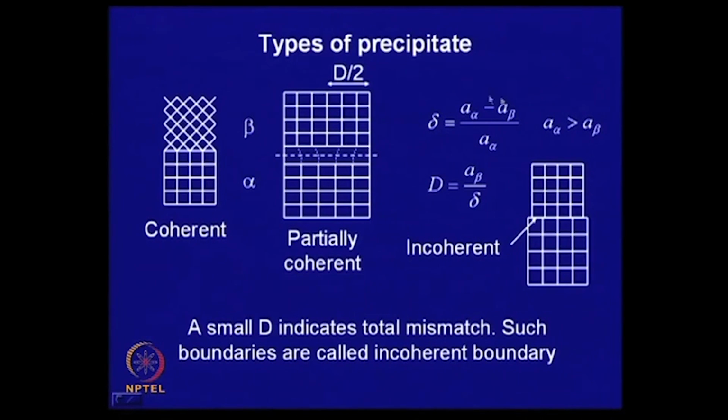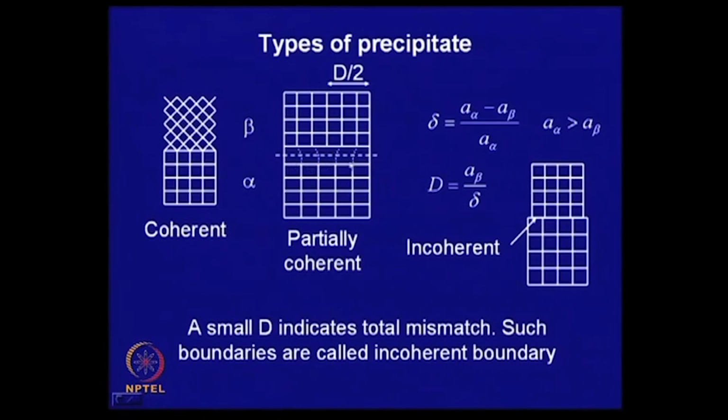So, this is a measure of that lattice strain, and in this particular case A alpha is greater than A beta. You will find that this mismatch is equal to the lattice parameter when, after a certain distance, here there is a perfect matching, here there is a perfect matching, but halfway between you have maximum mismatch.